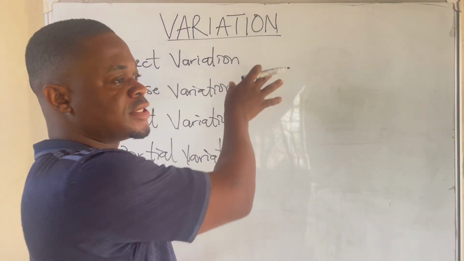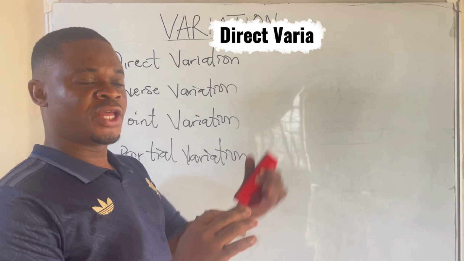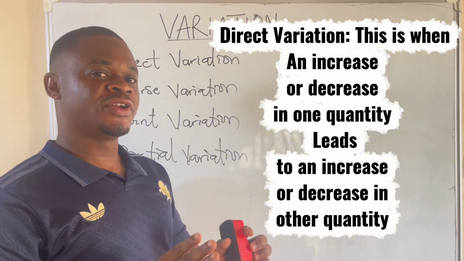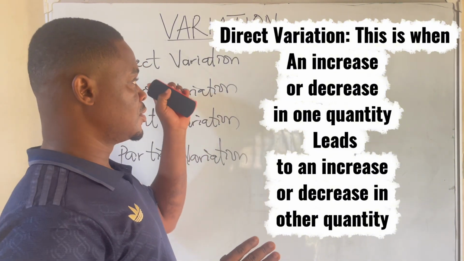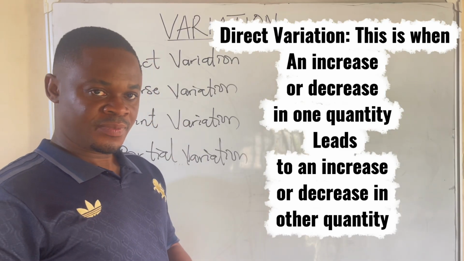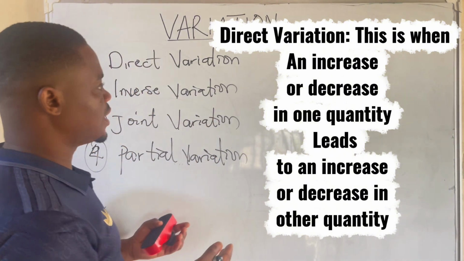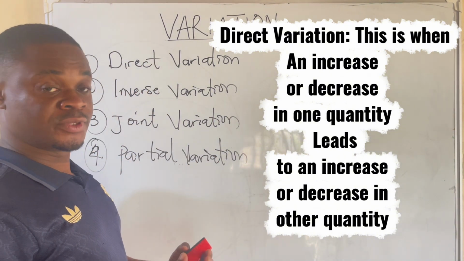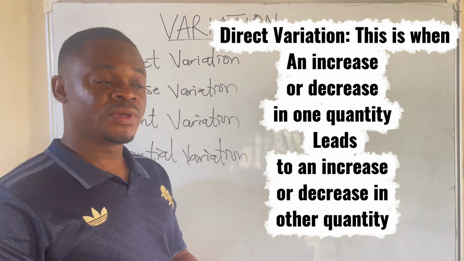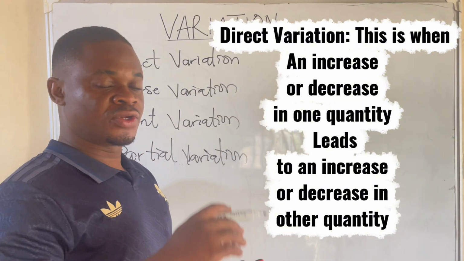When two quantities vary in such a way that an increase in one leads to an increase in the other, we say that that variation is direct. Or let's say a decrease in one leads to a decrease in the value of the other quantity. Let me also use an example of radius and circumference of a circle. If the radius of a circle is smaller, what it means is that the circumference of that circle is going to be small.